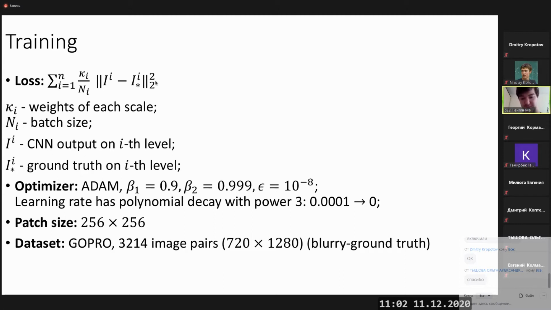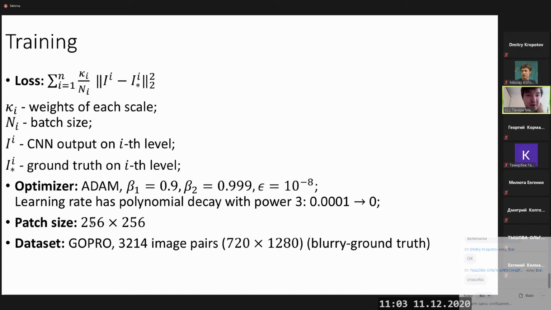So they put an additional discriminator into the model, and they use a combination of regression loss here and adversarial loss. Then the inputs for the discriminator were the CNN output as the fake one and the ground truth image as the real image. But they finished their article with this simple loss. They said that it gave the best performance.